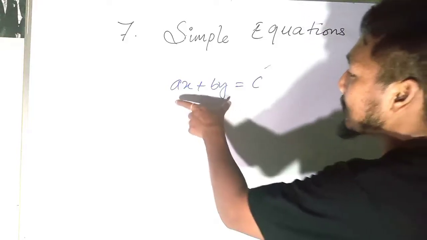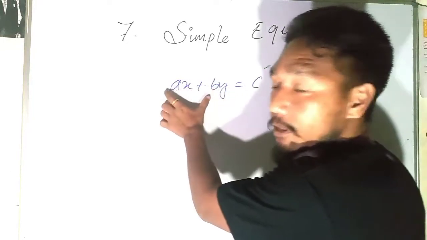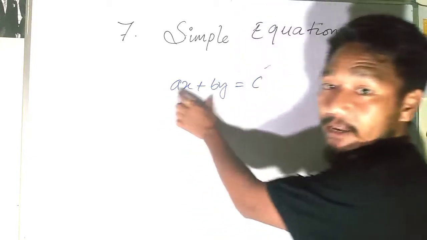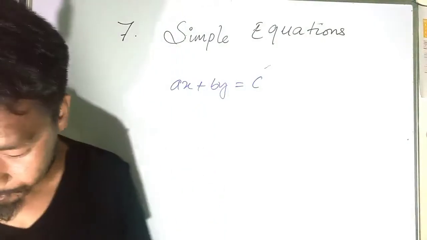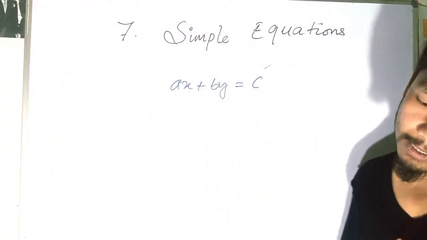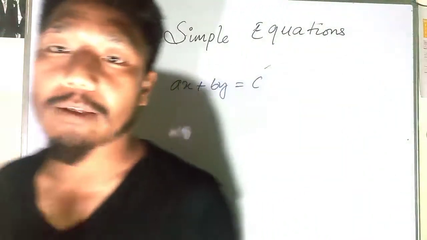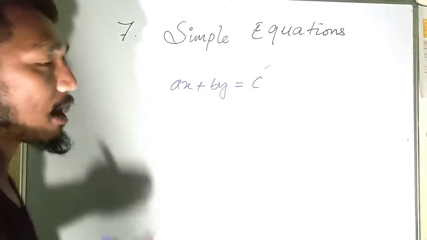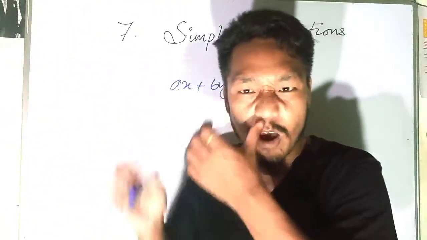This is a statement with an equal sign. This side is what we call the left hand side, and this side is what we call the right hand side. So what is an equation? You can also refer to your textbook. An equation is a statement of equality having one or more variables.